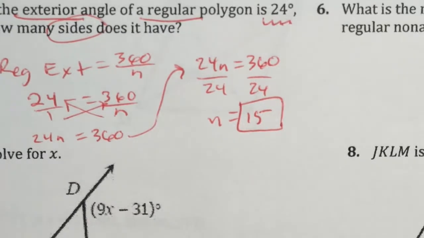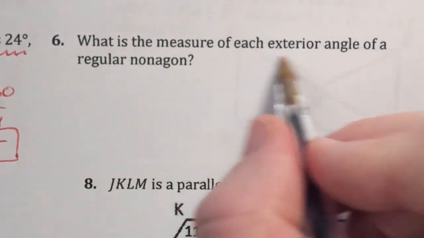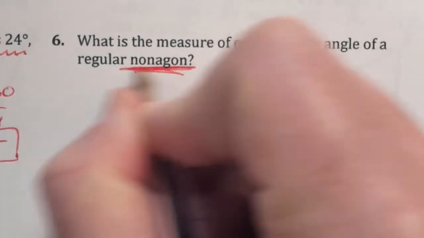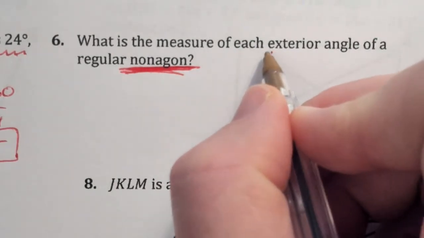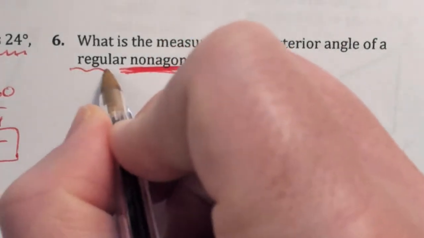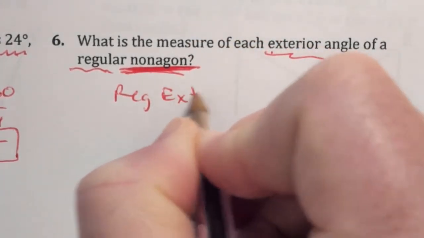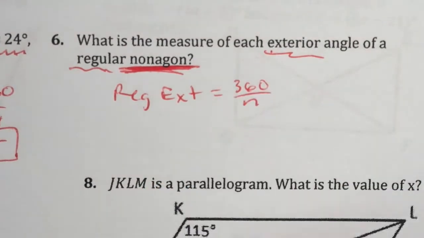All right, let's keep going. Number 6. What is the measure of each exterior angle of a regular nonagon? Nonagon. Okay, so they said the word regular and they said the word exterior. So regular exterior equals 360 over n.